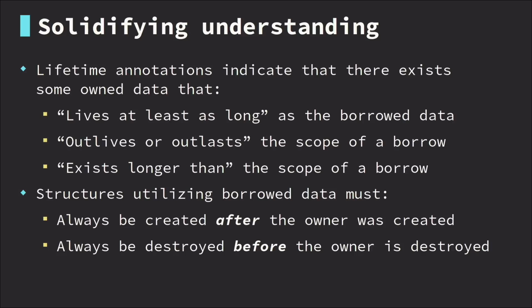Structures utilizing borrowed data must always be created after the owner was created, and they must always be destroyed before the owner is destroyed. This is consistent with the ideas above because you're unable to borrow from something if it's been destroyed. So the thing you're borrowing from must exist before you borrow from it, and it still has to be lying around after you're done borrowing from it.